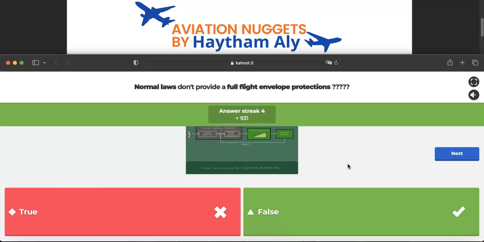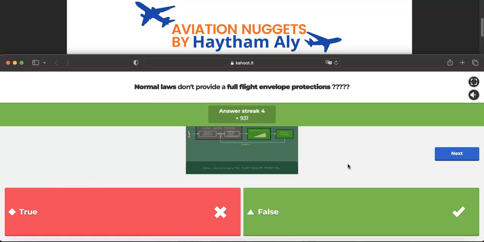You remember the flight control computers, which are the main computers for the electrical flight control system, may control the flight controls in one of three laws: normal law, alternate law, or direct law. In normal law, full flight envelope protections are available.